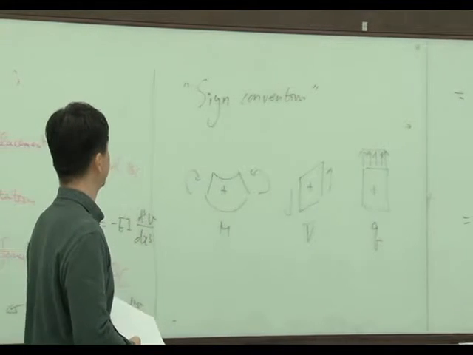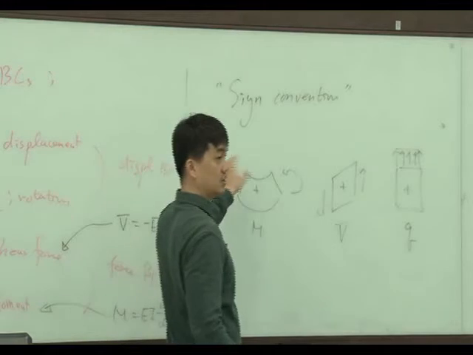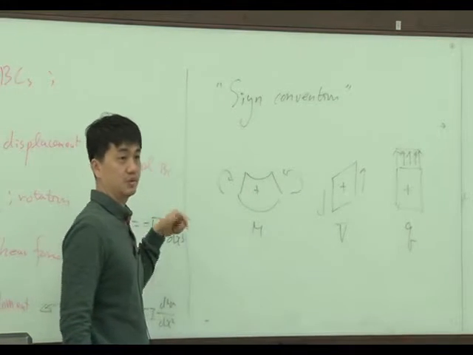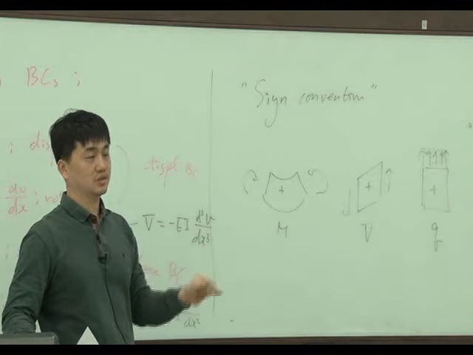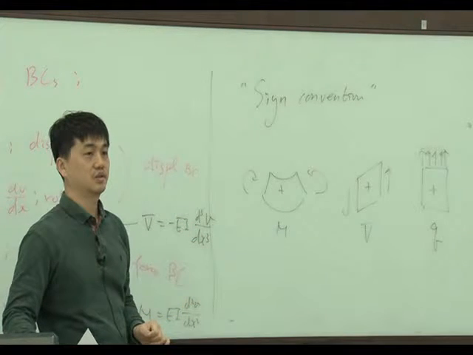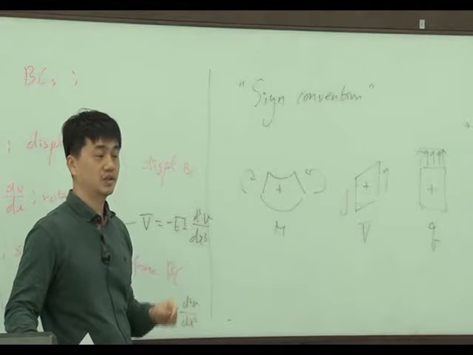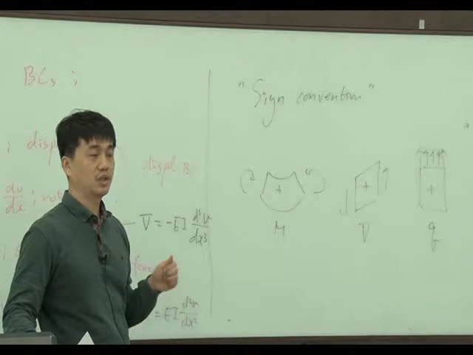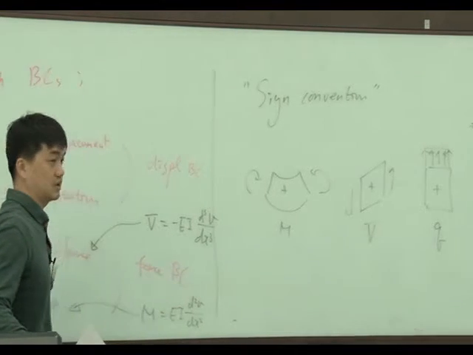So if we change the sign convention, the governing equation changes. So we need to use a consistent sign convention. When some sign convention is defined, we need to use the proper governing equation.